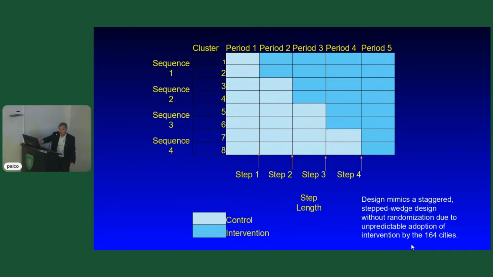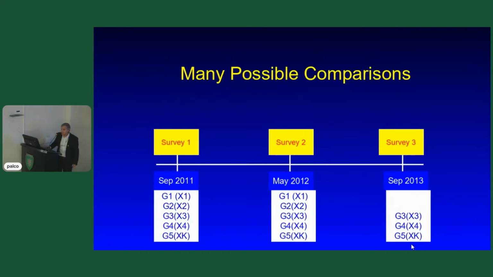Okay? So I treated it as a stepwise design. I treated that also analytically. So you end up with any possible comparison, group 1, group 2. These are the clusters, okay? And survey 1, so I did cross-sectional surveys of those counties, the cities, and received 185 cities.